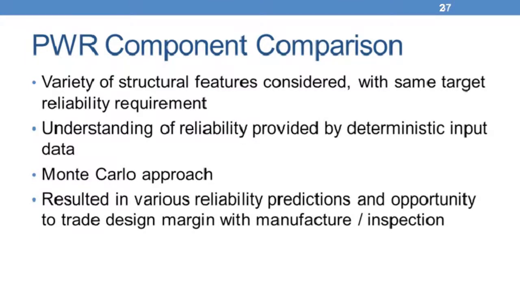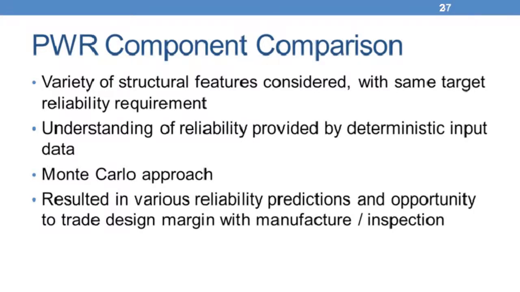So this final example considers a selection of structural geometrical features that have notionally the same reliability requirement, but are subject to traditional and accepted deterministic analysis. But of course, this has an unquantified accumulation of conservatism within the approach.